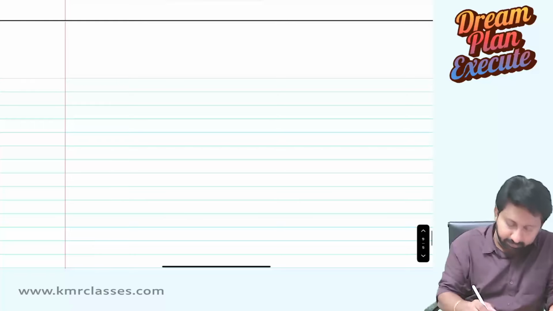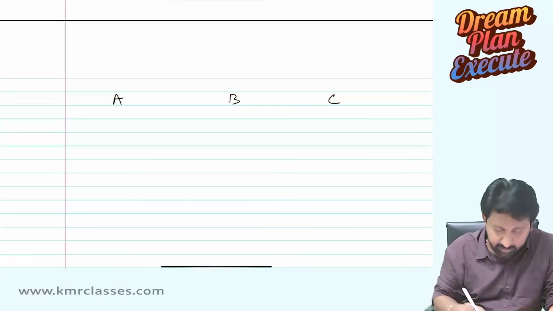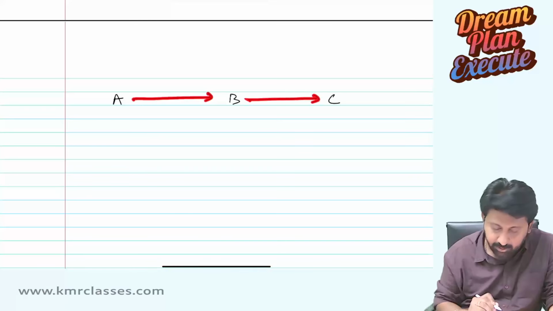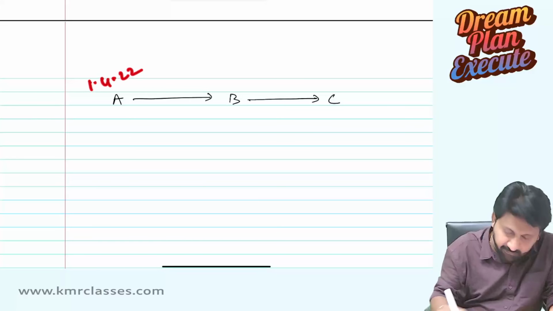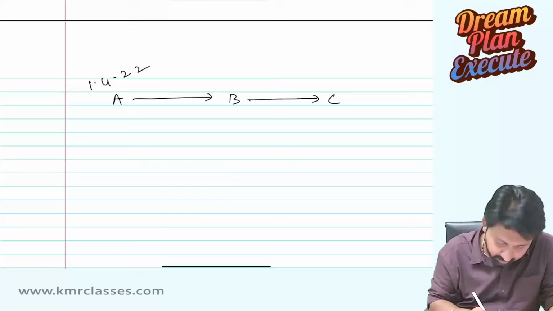Third example, A, B, C. A acquired property on 1/4/22 for 1 lakh.